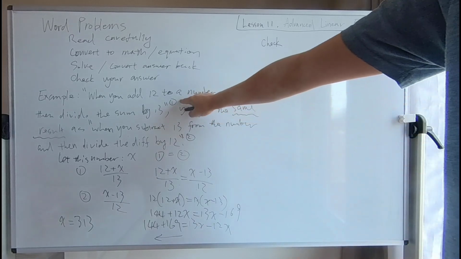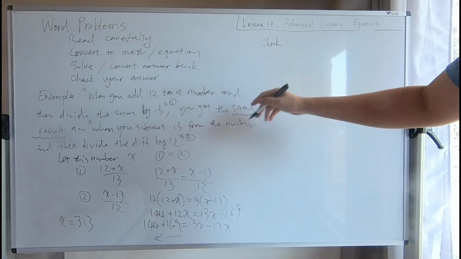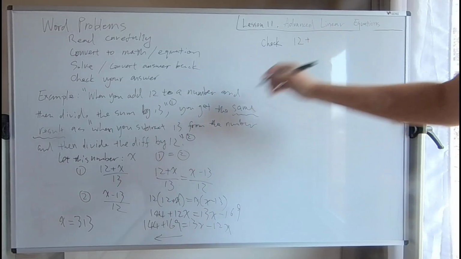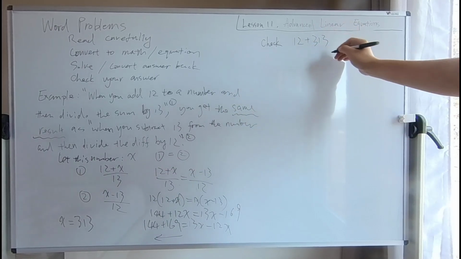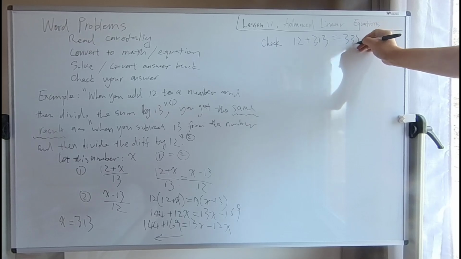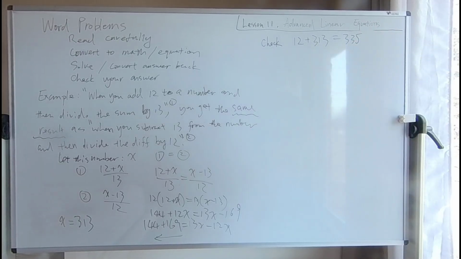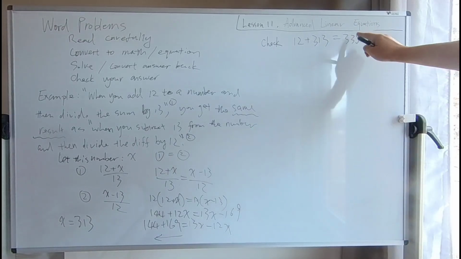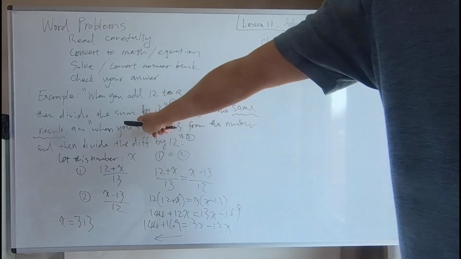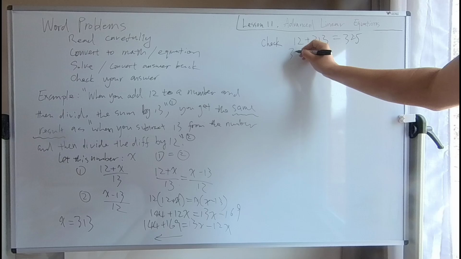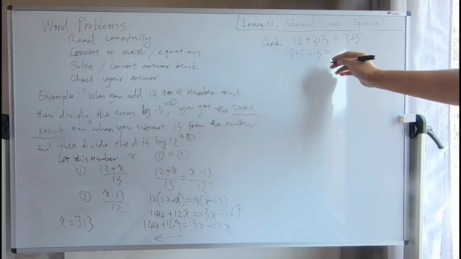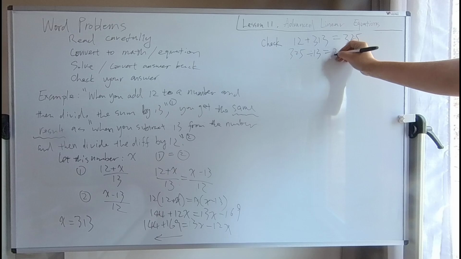The first statement says I'm adding 12 to this number 313, so I get 325, and then I'm dividing this sum by 13. I will get 25.